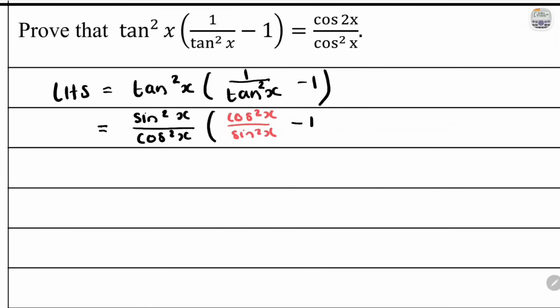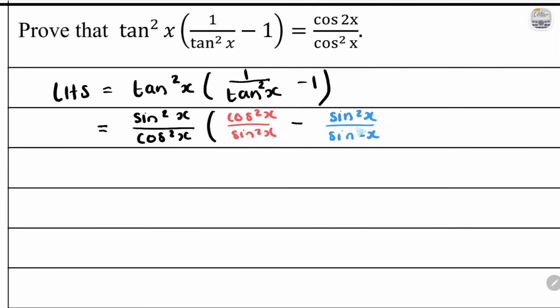And then minus 1. Okay, now there's no use of leaving it as minus 1 because you have a minus, meaning these two terms need to be added together. For them to add, the denominators need to be the same. The denominator here is sine squared x, so we're going to change this to negative sine squared x over sine squared x.